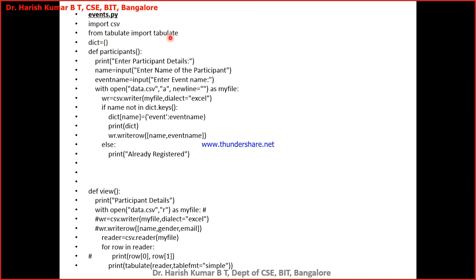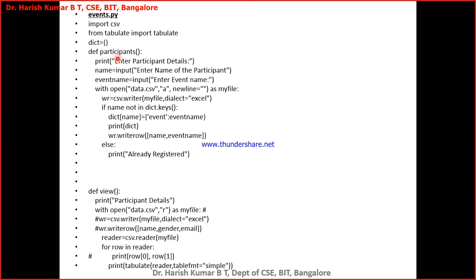There is a method called tabulate from the module tabulate. The module name is also tabulate. It has many methods, and I'm not interested in all of them. I'm interested only in the method called tabulate. So from tabulate, import tabulate. Only this method I need to import from the tabulate module. Then I'm creating a dictionary.